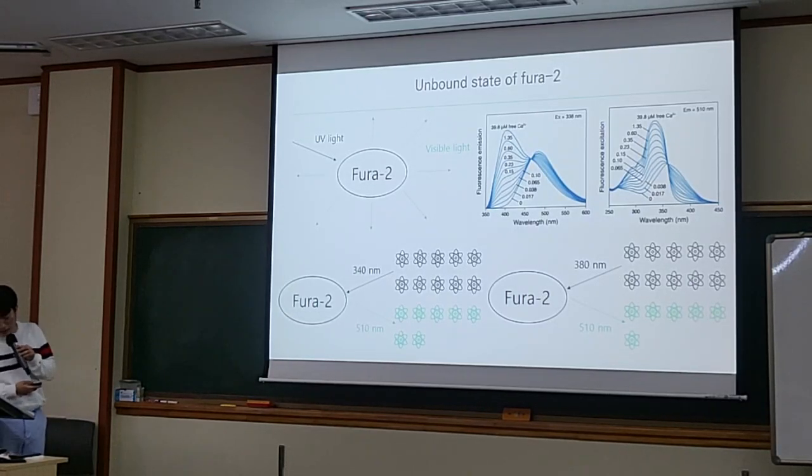Let's say we're sending the same intensity of radiation, 10 photons. 60% of photons get absorbed at 340 nanometers, and 70% of photons get absorbed at 380 nanometers. So if we send the same intensity of radiation into FURA2 at these different wavelengths, we will get a different amount of 510 nanometer radiation coming back at us.